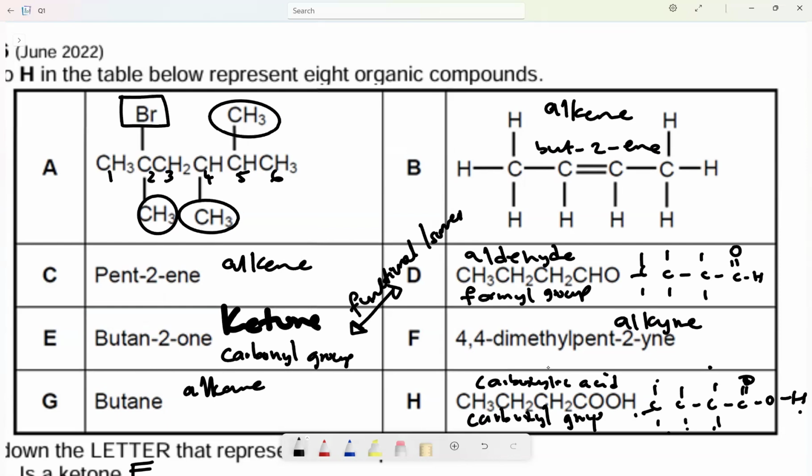We have 3 methyls. So the longest chain is hexane. The methyls are 1, 2, 3, so it's going to be 2,4,5 trimethyl. Then we have on carbon number 2, bromo.